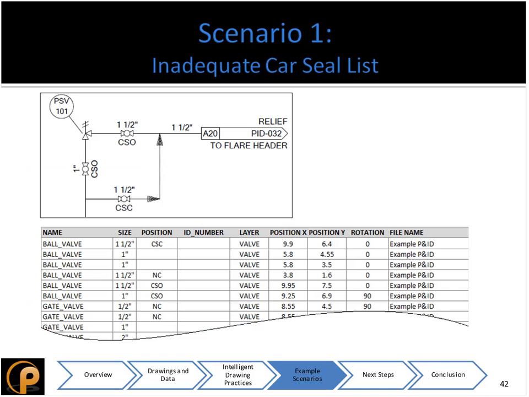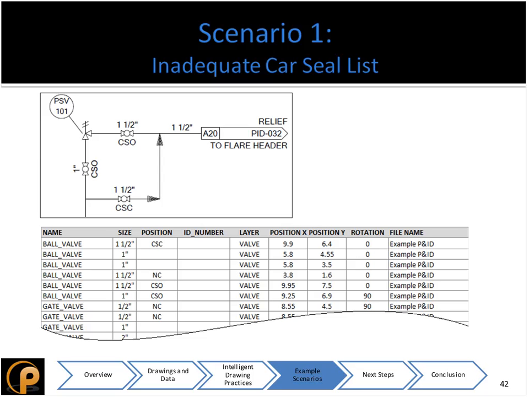Right, so on the left, you can see the table on the bottom that we have the name of the block. Kind of in the middle to the left, you have the attributes associated with that block. So in this example, we have size, position, and then an attribute called ID number. And on the right, I just pulled some of the properties of that object in that drawing.